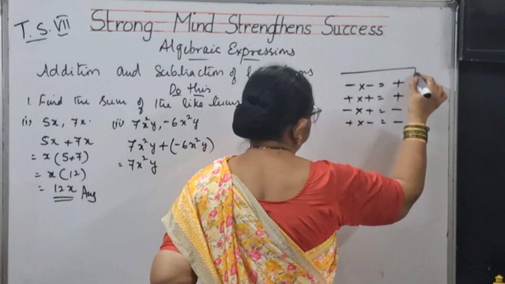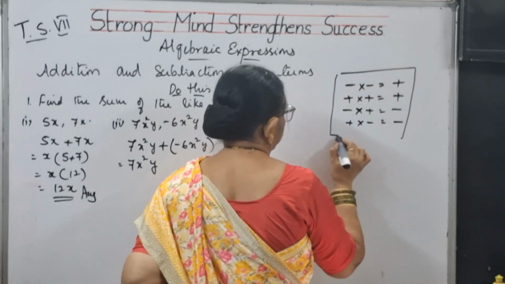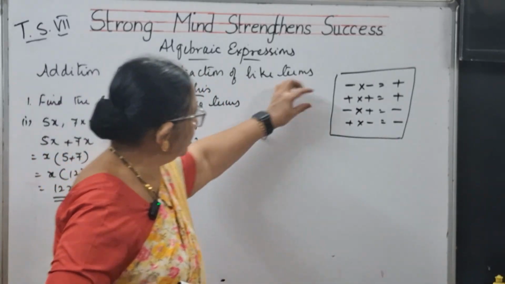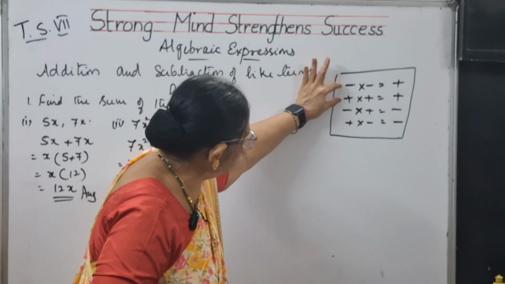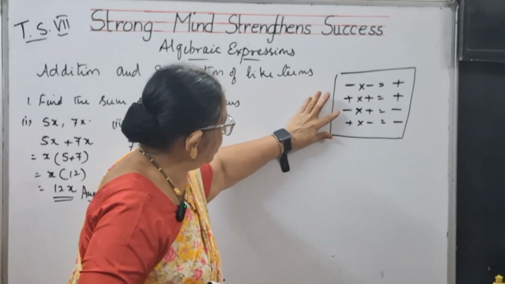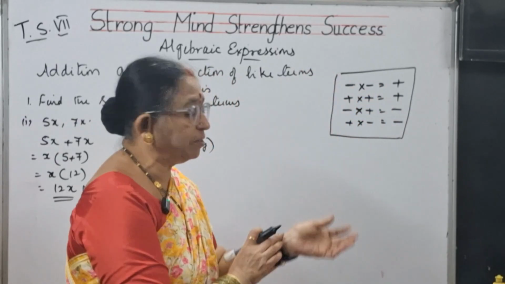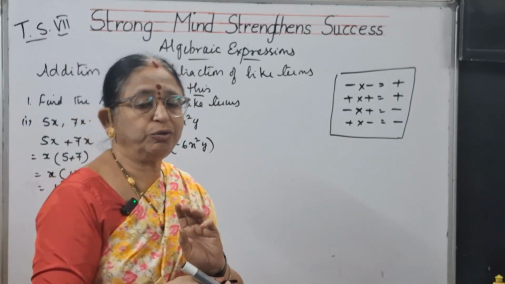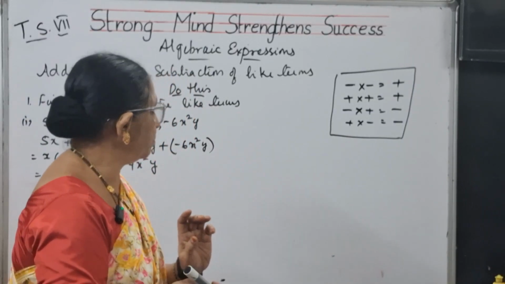You should remember this part perfectly well. When you multiply two same signs, you get plus. When you multiply two different signs, you get minus. You should have a clear understanding of this.